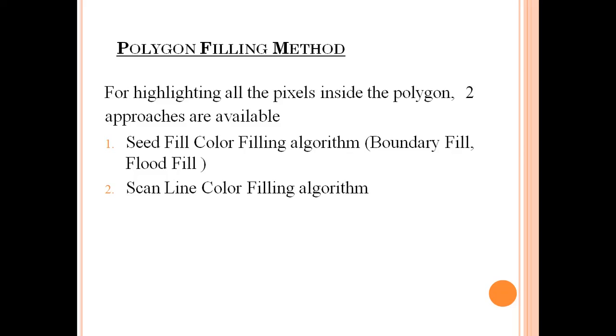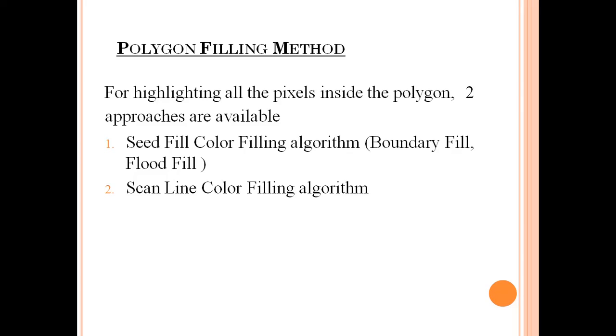By using a collection of pixels, we can define that area. It means indirectly polygon filling is nothing but coloring the pixels which represent the area present inside the polygon.